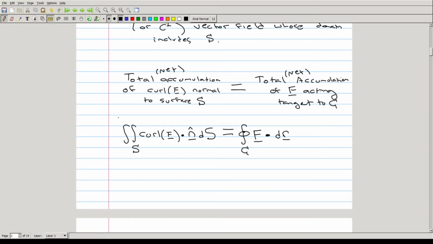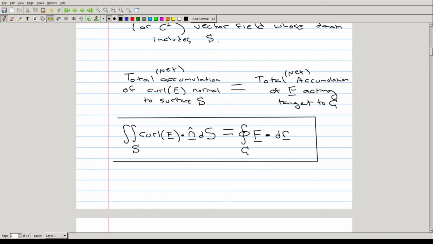So this is an amazing theorem, and I can't overemphasize how incredible it actually is, because it takes a very nice idea from regular, single variable calculus and extends it to multivariable calculus.